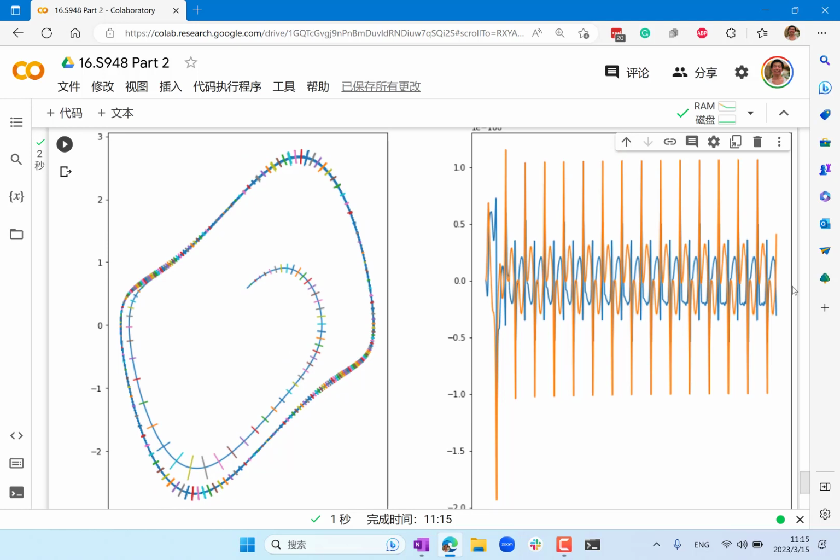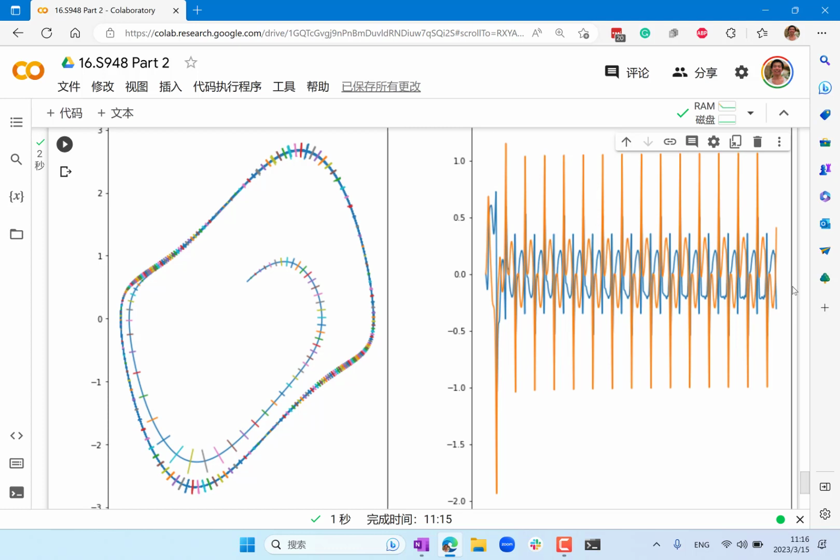It has no linear growth in time. Well, that is not strictly true, because if you look very carefully, I don't know if that's obvious or not, there is actually a slight growth in the magnitude.